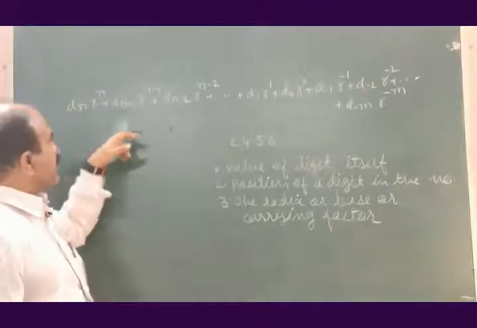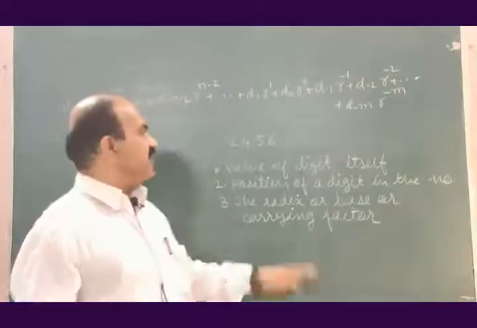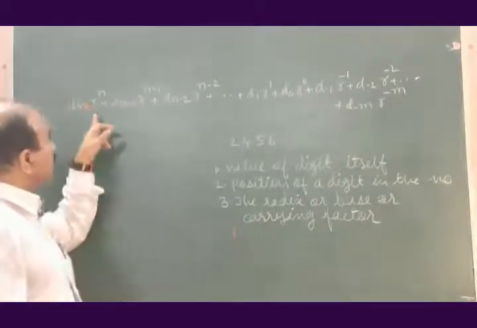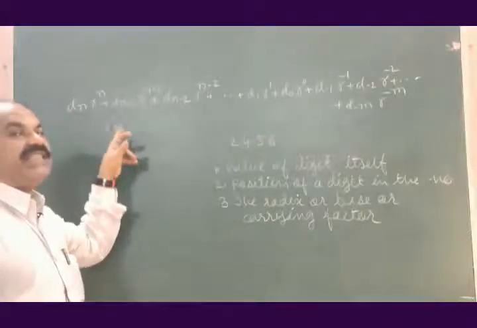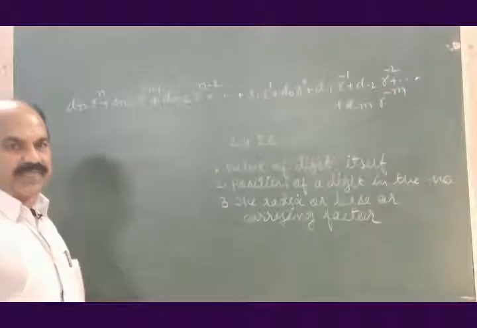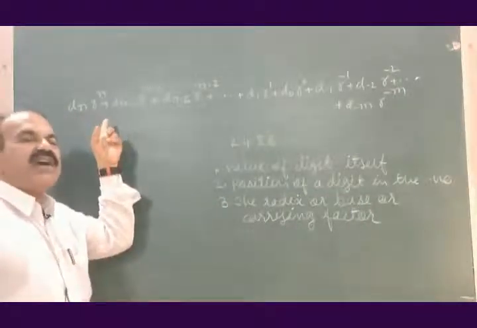All the D's are digits like 2, 4, 5, 6, etc. What is R? R is the radix or base of the given number system. For the decimal number system, what should be the value of this R?